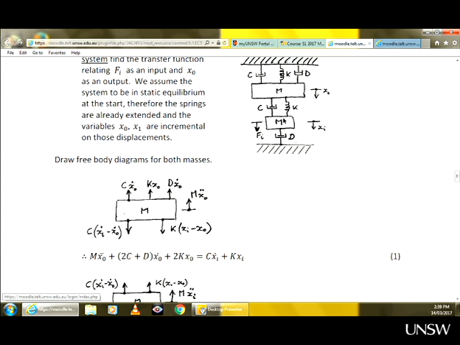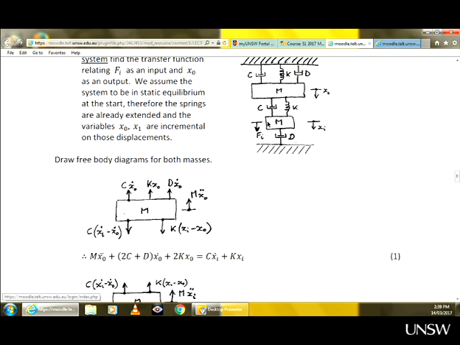The second one is suspended from the top one by one viscous damper and one spring. But also there is another viscous damper beneath the second mass. So you have a number of springs and dampers here.